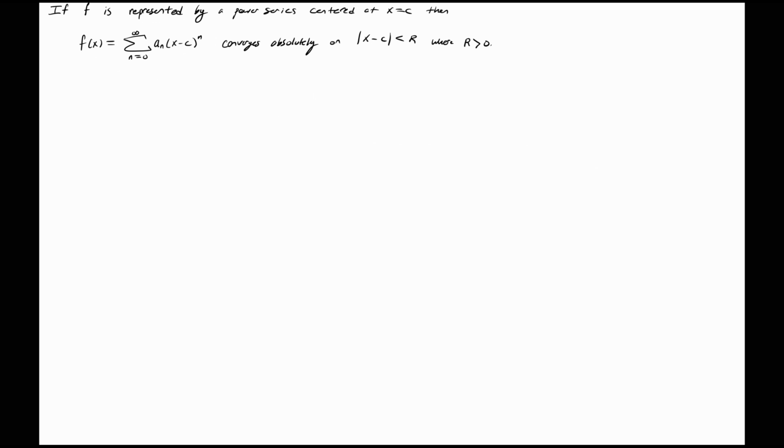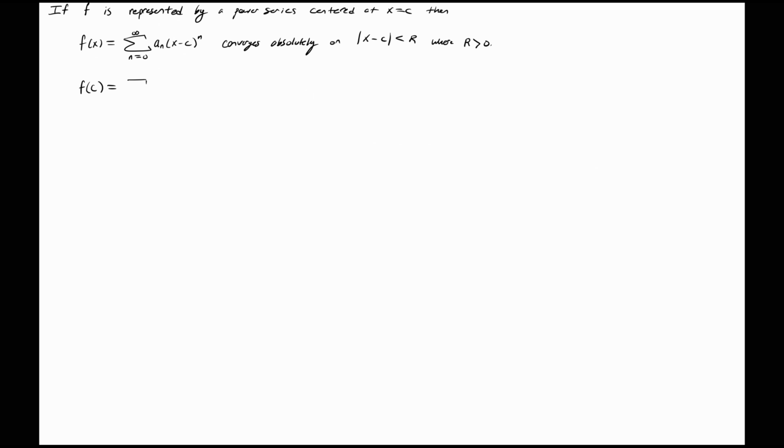We know that this series is centered at x equals c. So what happens if we plug x equals c into the power series? It should spit out f of c. So what do we get?